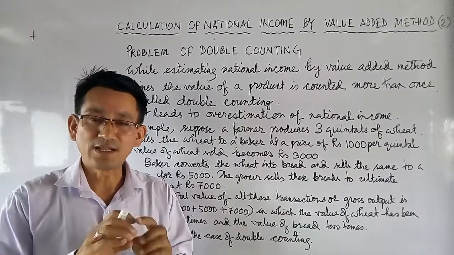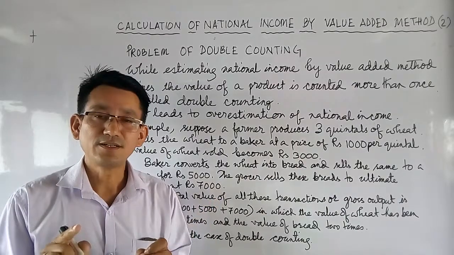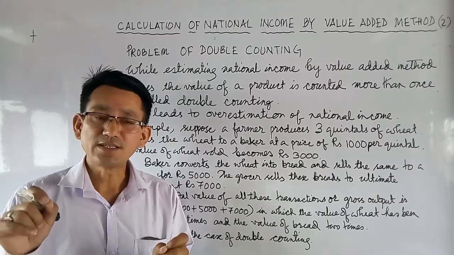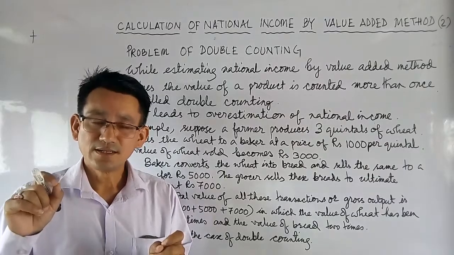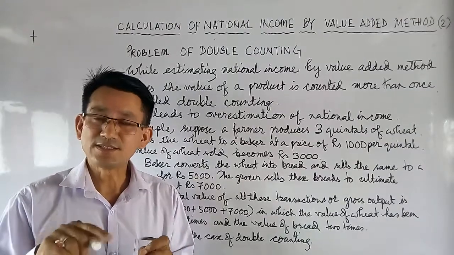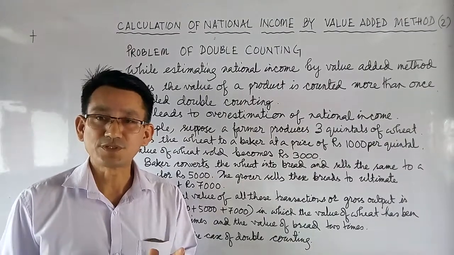In the last line, in the formula of national income calculation, I wrote minus NFIA. It should be plus NFIA. I have corrected the mistake in the calculation part.